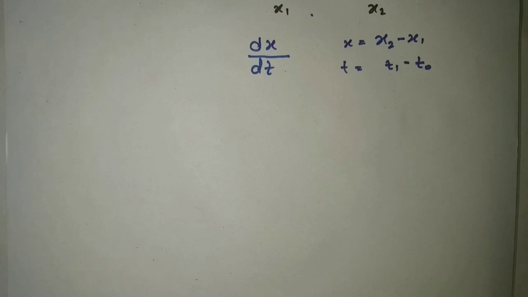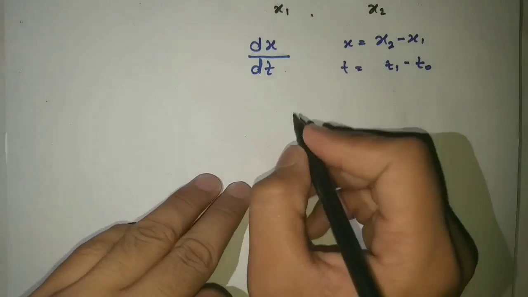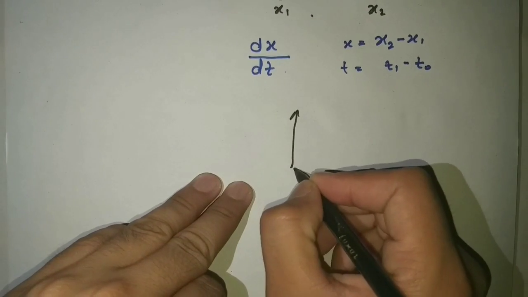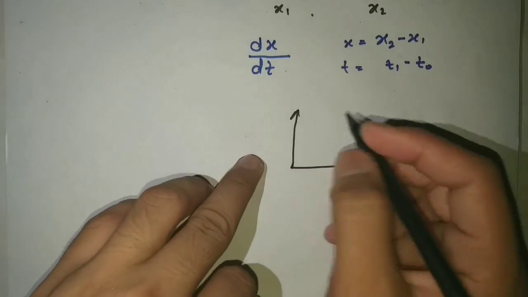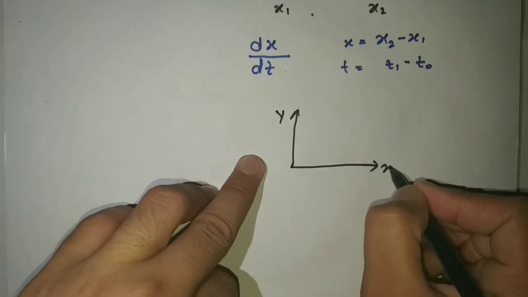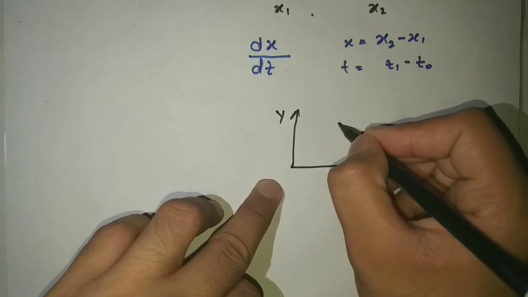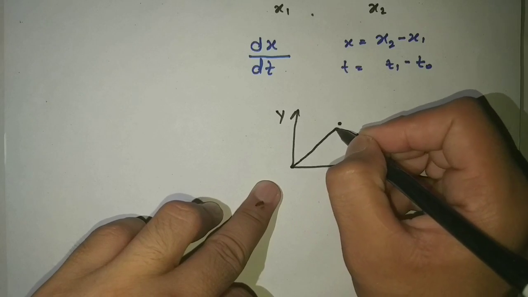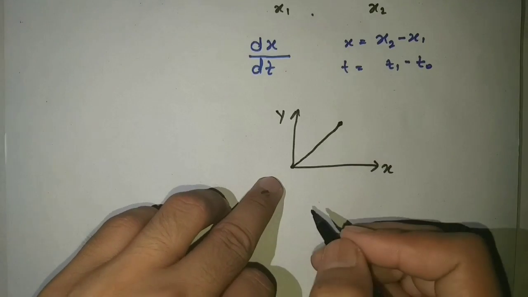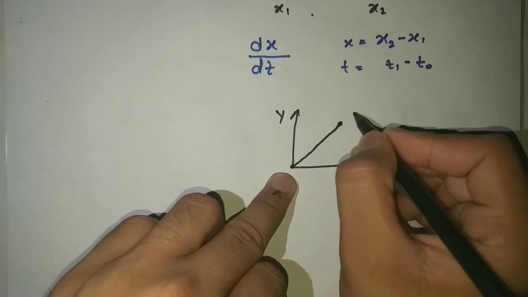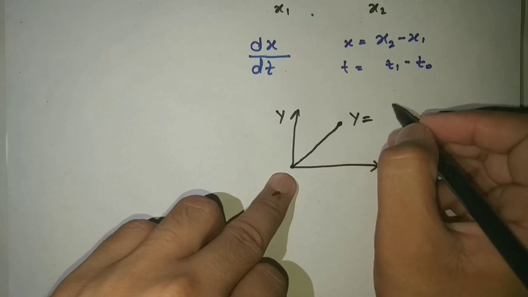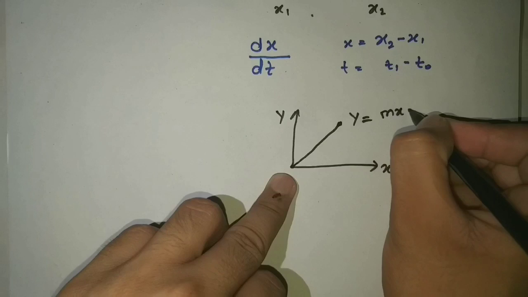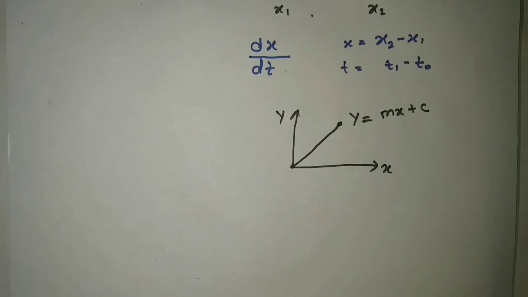Suppose I have a two-dimensional coordinate system, x and y, and I have a particle over here, and this is the origin. It is a straight line and the equation of this straight line is y is equal to mx plus c.